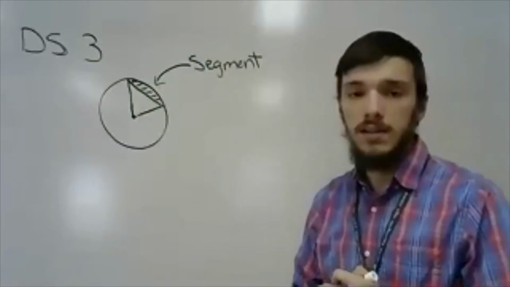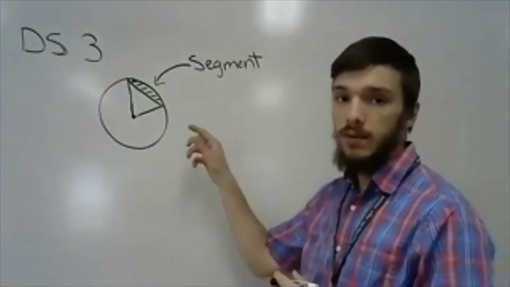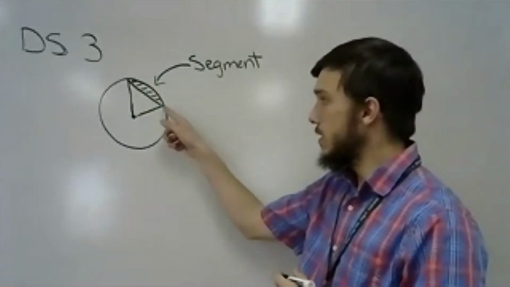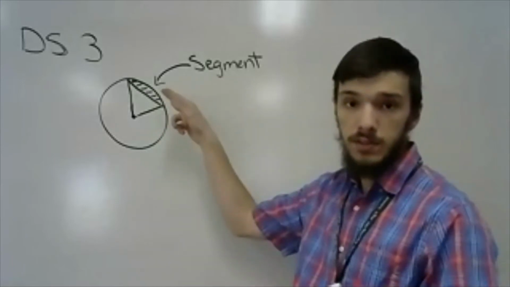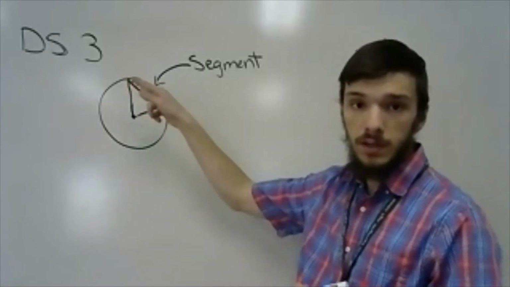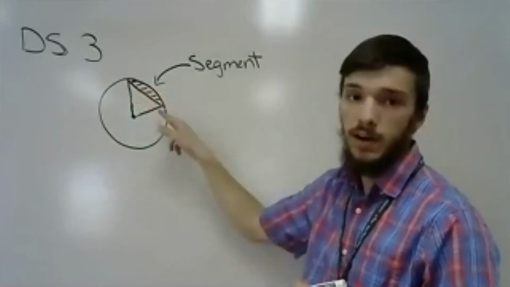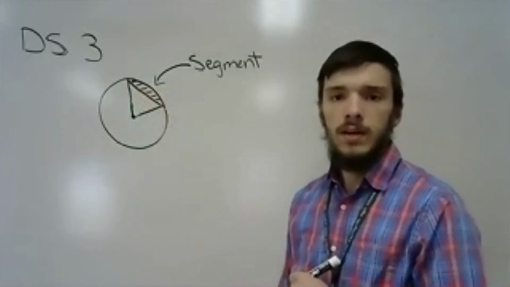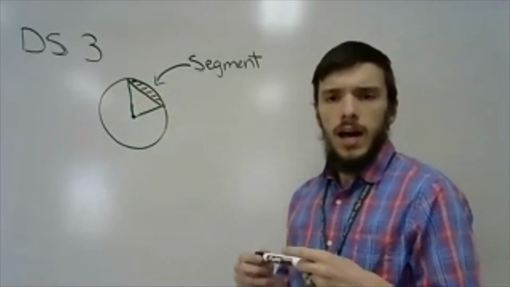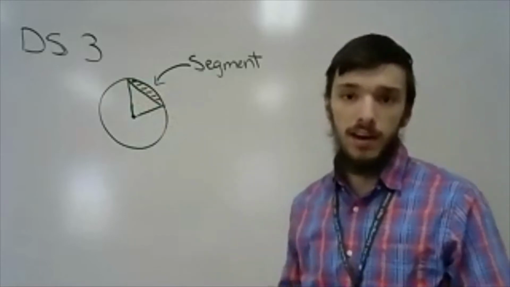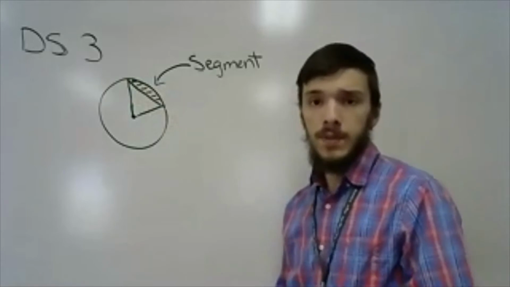And all a segment is the area that is enclosed by the edge of the circle and a line between the endpoints of two radii on the circle. Okay, so how do we find the area of these segments?